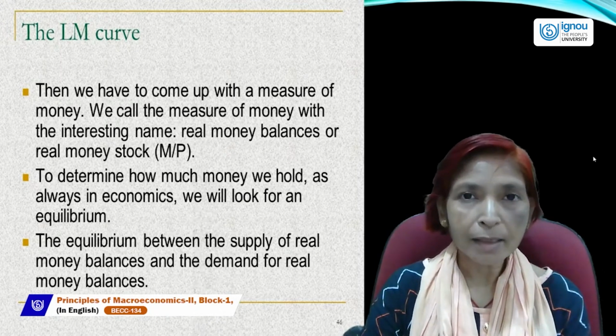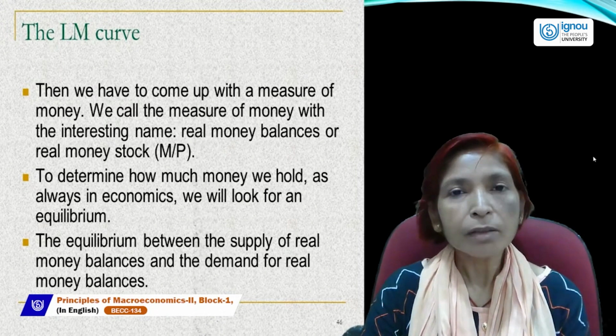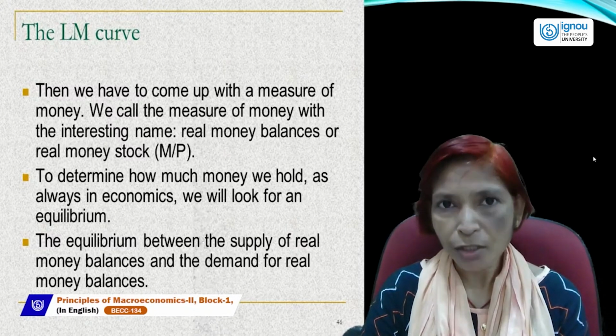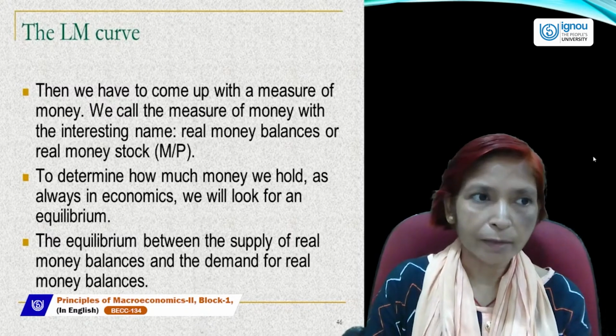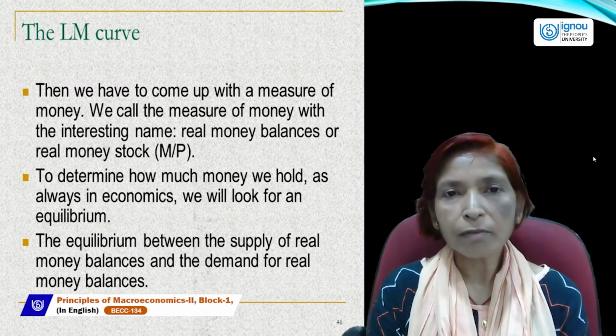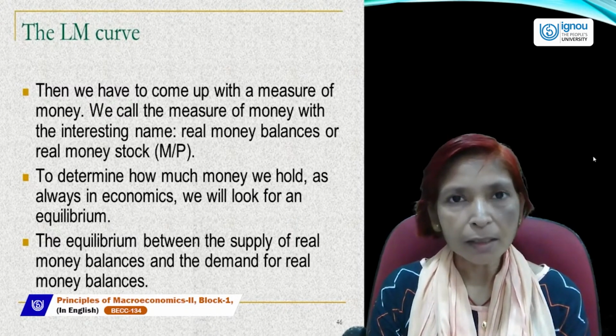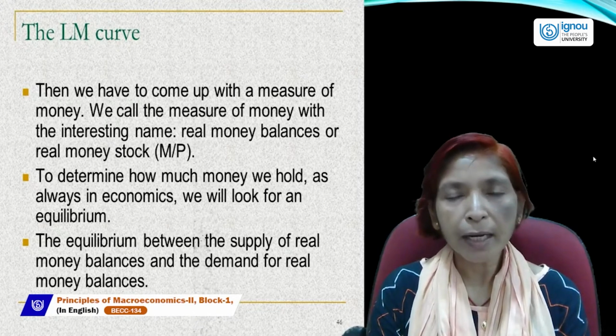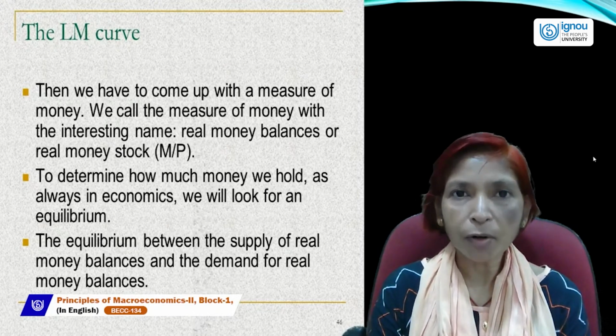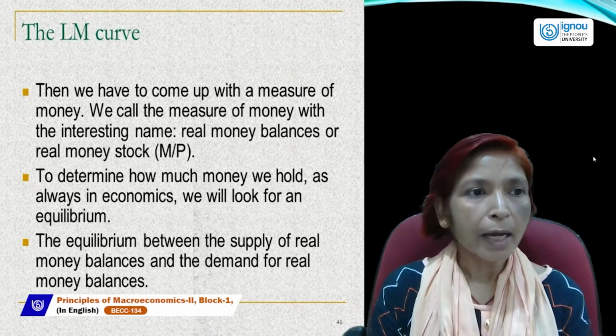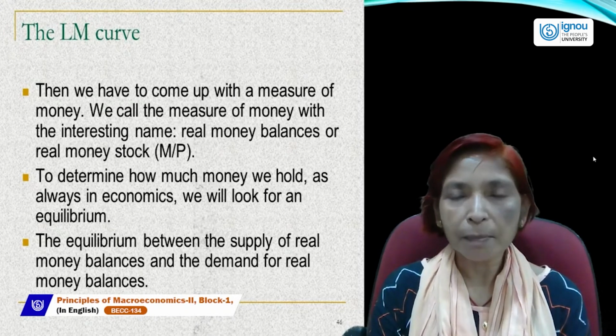But Keynes said that money is demanded for three important purposes: transaction, precautionary, and speculative. So L represents liquidity preference or money demand, and the motives behind holding money in cash form are these three.